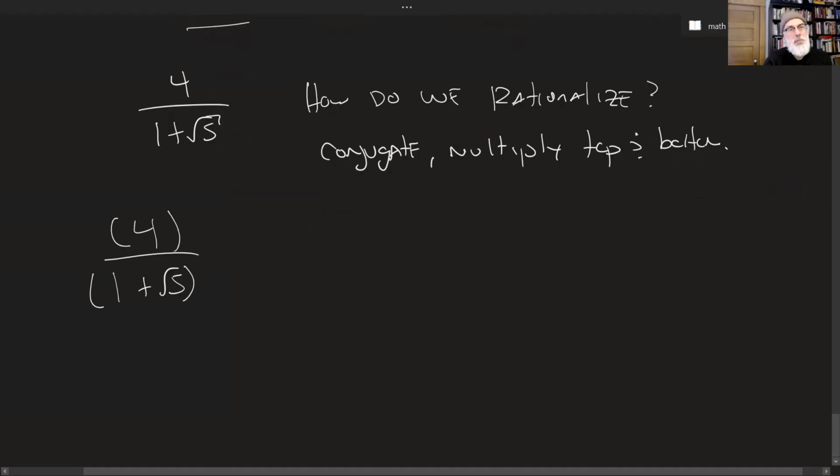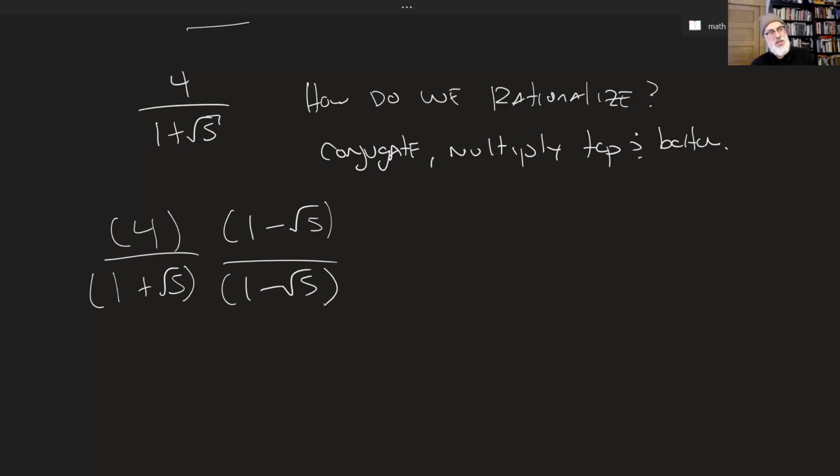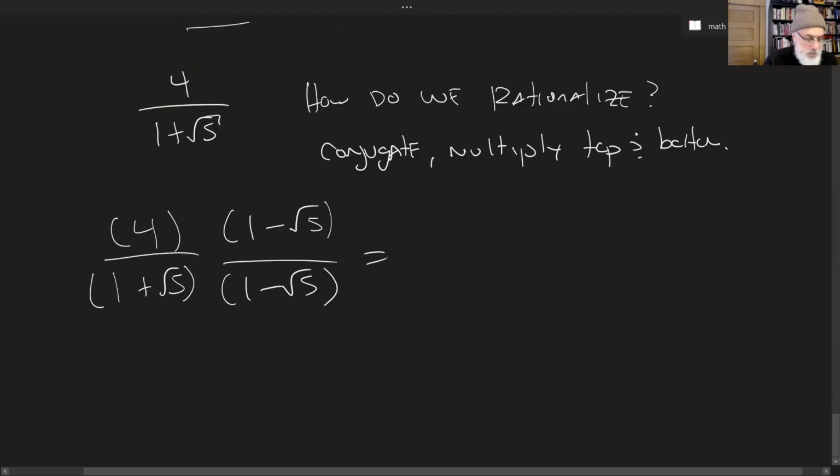I'm going to multiply by the conjugate, which is the same expression but with the sign reversed. If it's an addition, I make it subtraction. If it's a subtraction, I make it addition. The reason is that when we multiply through, and I want to be careful.